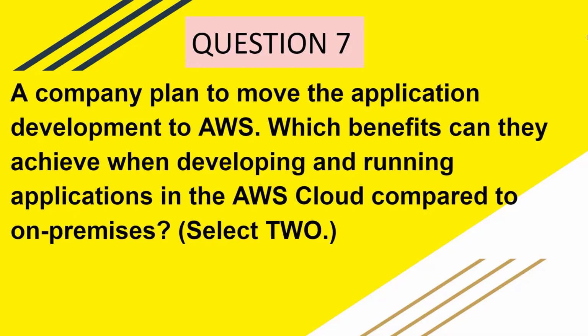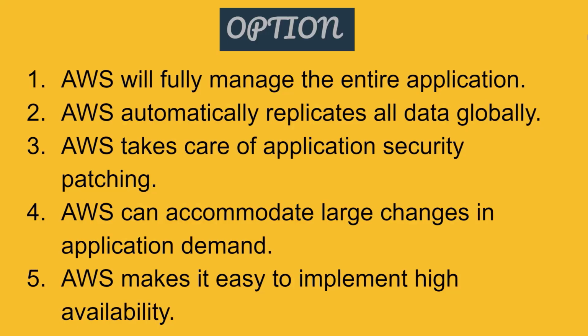Question 7. A company planned to move the application development to AWS. Which benefits can they achieve when developing and running applications in the AWS cloud compared to on-premises? Select 2. Option 1. AWS will fully manage the entire application. 2. AWS automatically replicates all data globally. 3.